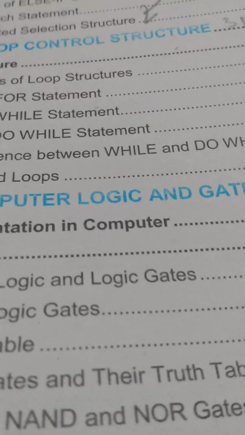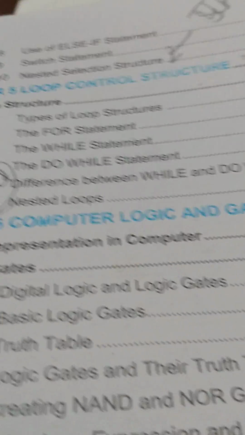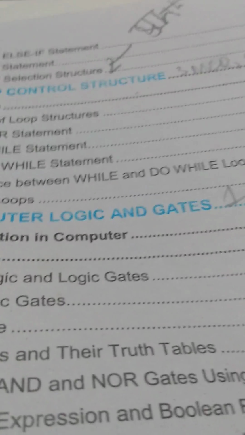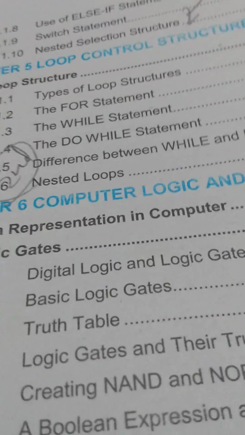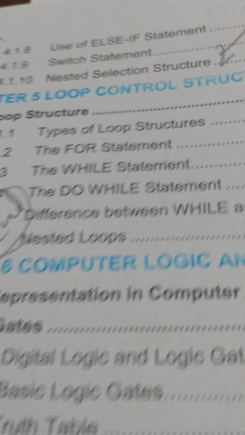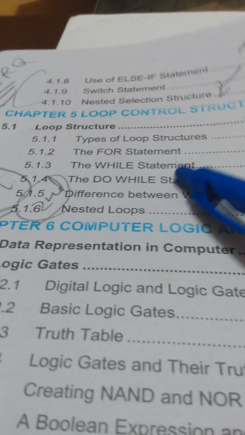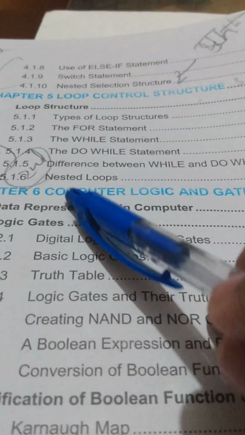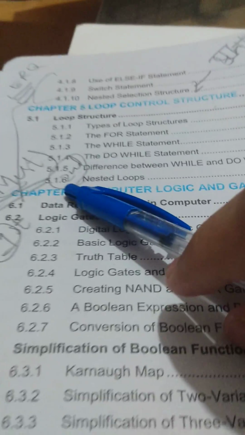We may be given while and do while loop structures separately, but mostly we have programs in which we have to put in these loops, and then we have to come up with the output, right? So types of loop structures: the for statement, the while statement, the do while statement, difference between while and do while loops, and nested loops, right?